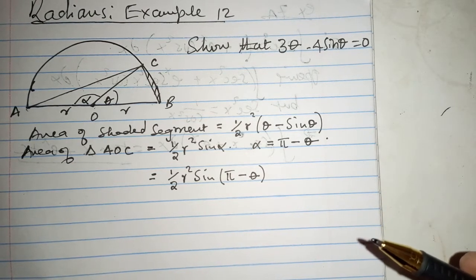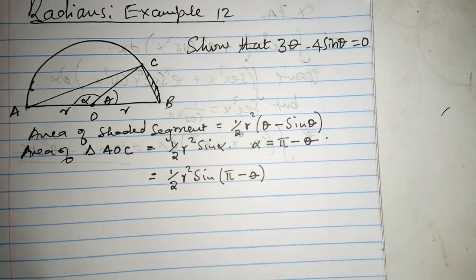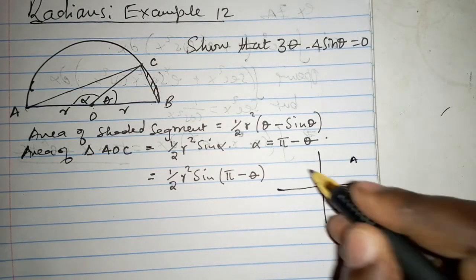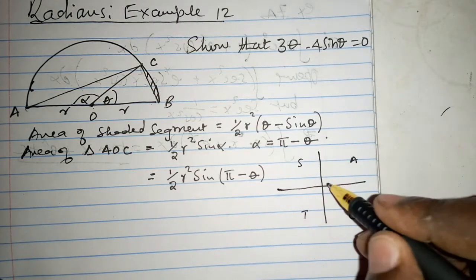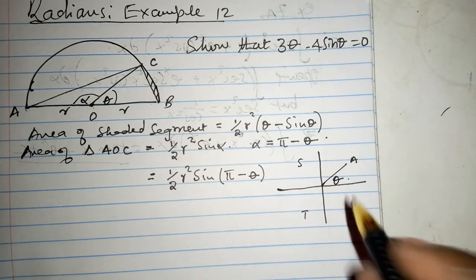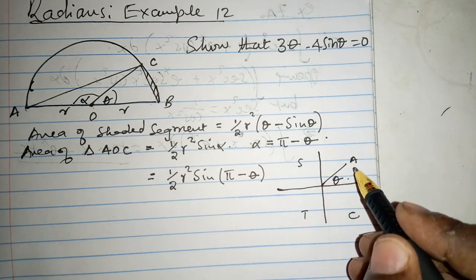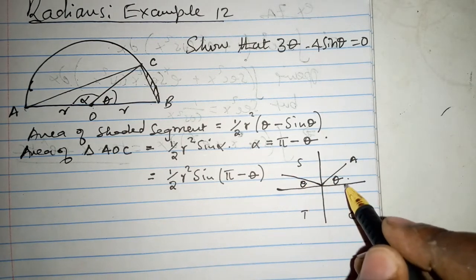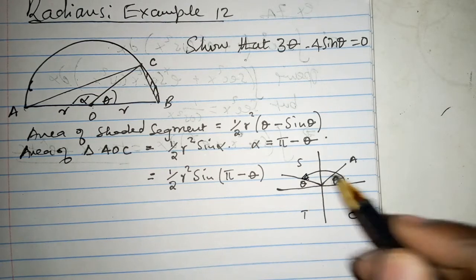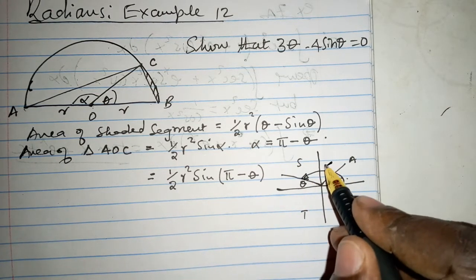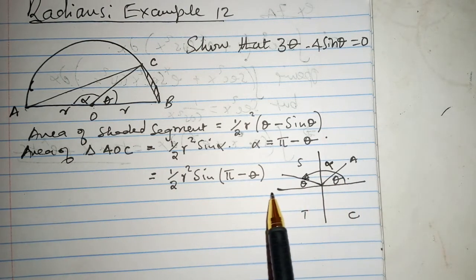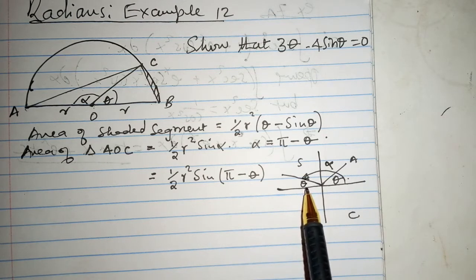Now, I would want us to just for a moment remember the following: in the first quadrant, when we have theta, all trigonometric ratios are positive. If you go to the second quadrant, this is the angle we are talking about, and this angle is now alpha, because it's 180 or rather pi minus theta.